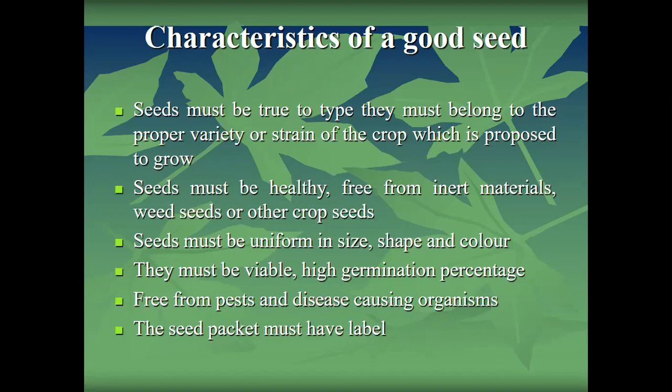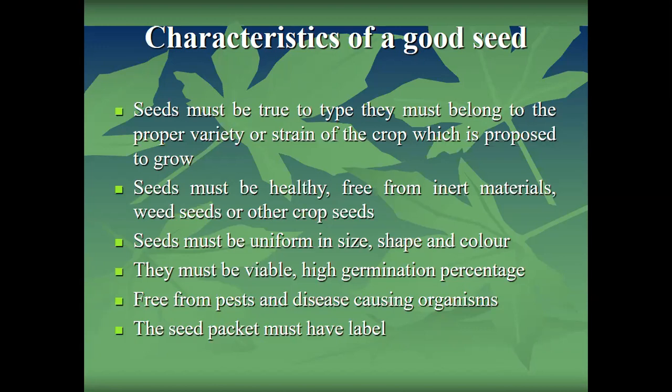So what I was saying, seeds must be uniform in size, shape, and color. And again, this all comes under that whole seed conditioning thing that we discussed in year 2 when we looked under seed technology. You remember when seeds are being processed, they have to be separated.